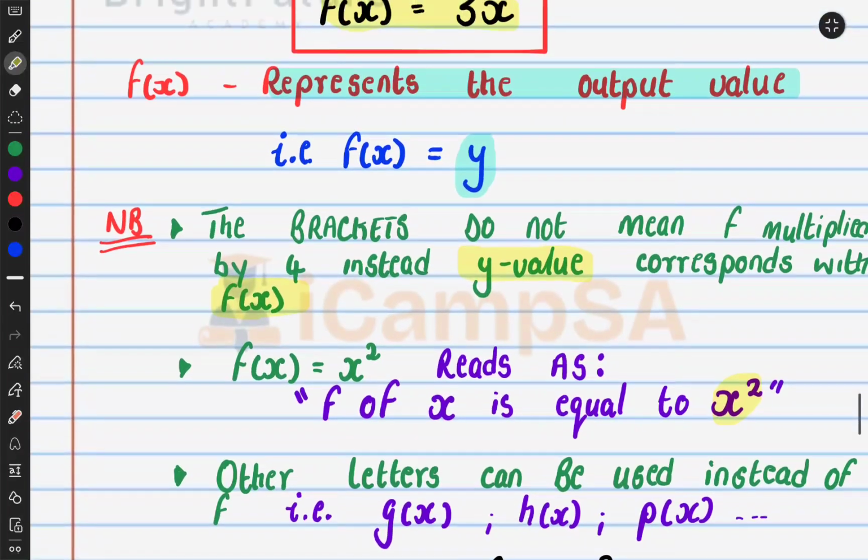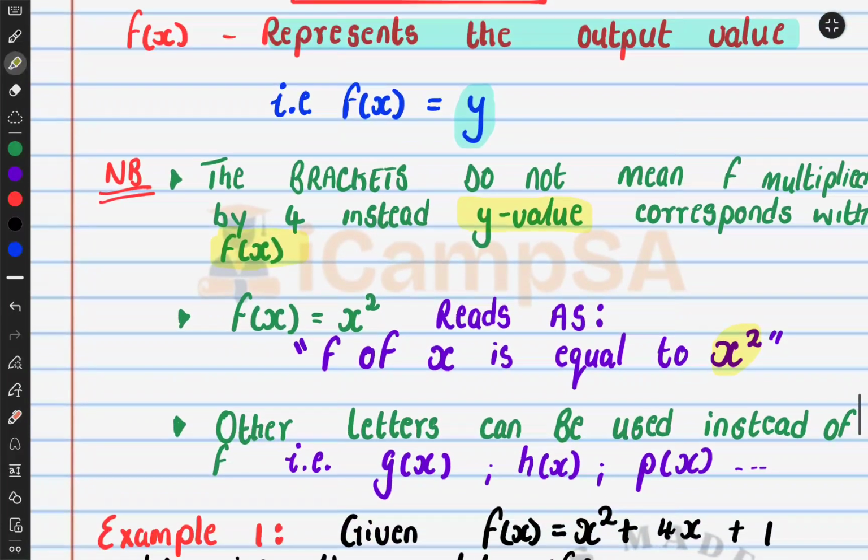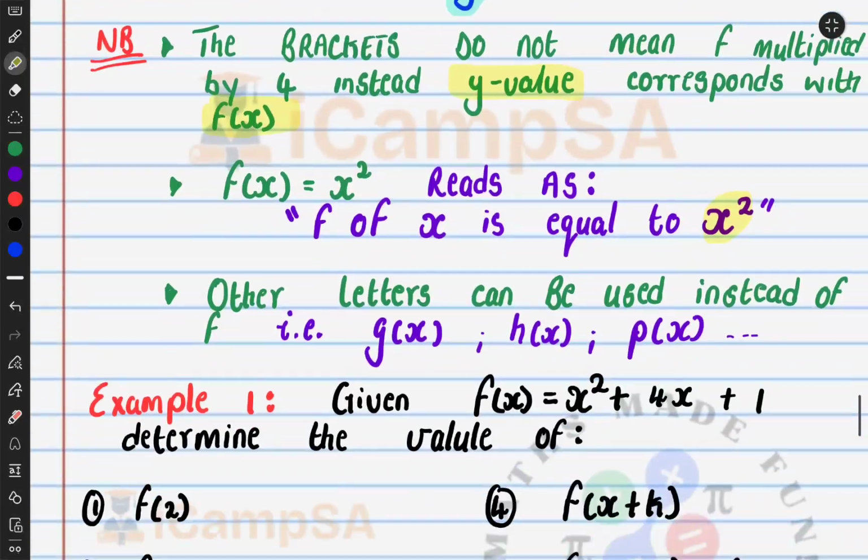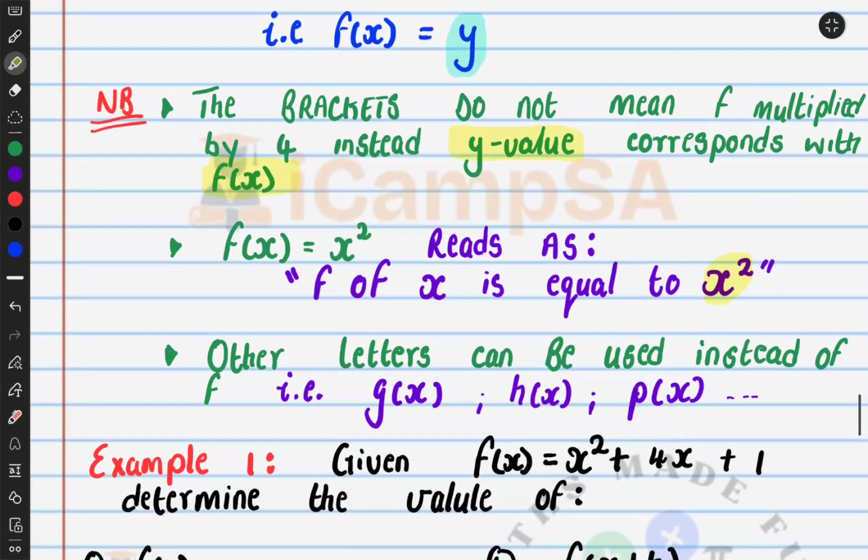Another important thing with the functional notation is that other letters can be used. It's not always going to be f of x is equal to some output, but other letters can be used, like g of x, h of x, or p of x.